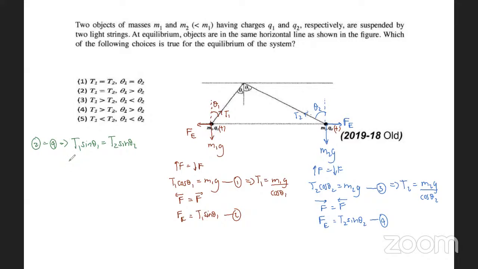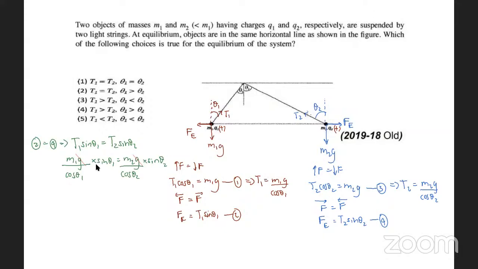M1g. Okay, then tell me what can we do? Cancel out g and g. What is sine theta 1 over cos theta 1, people? Hurry up.